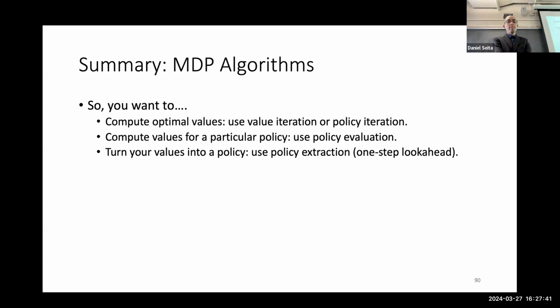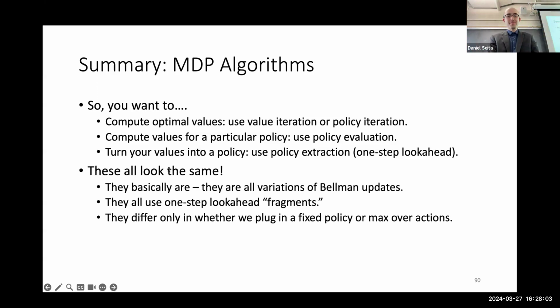If you want to compute value for a particular policy, you use policy evaluation. But if you take those values and make them into a policy, you just extract them. So yeah, there are a lot of similar terms. So don't get confused between evaluation versus extraction here.